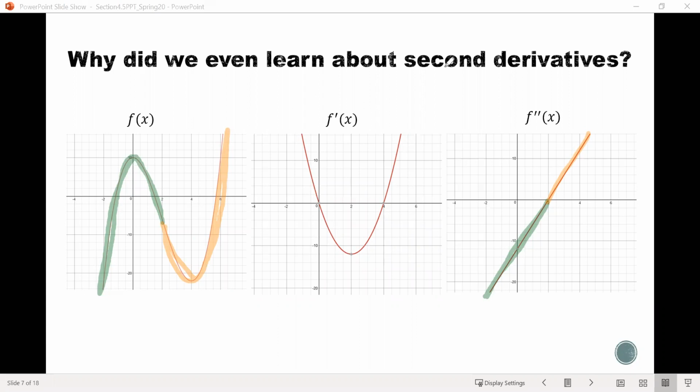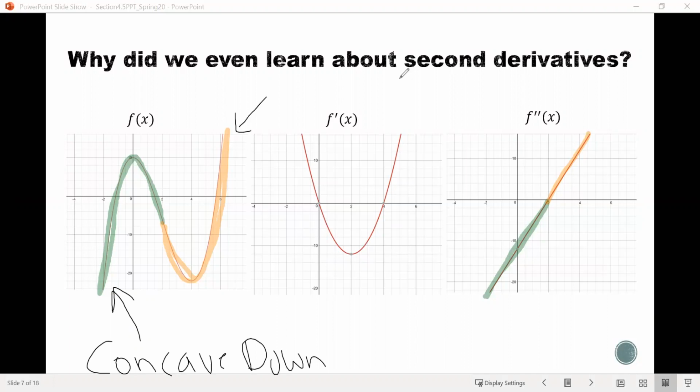Oh, I know, and I know you guys all just said this. It's concavity, right? Notice that for the green section of the graph here, it looks like it is concave down. And for the orange section, it is concave up.